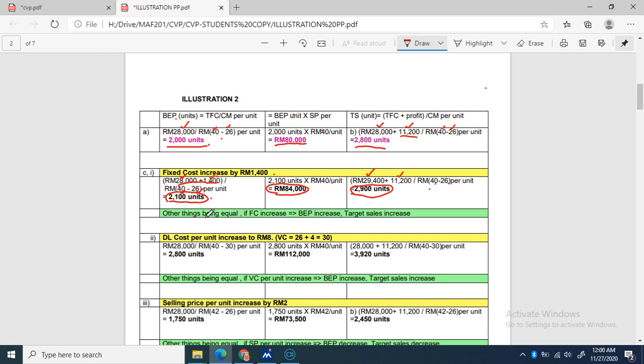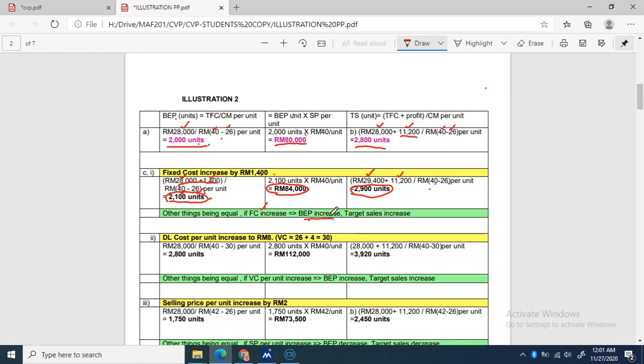Other things being equal, that means variable cost and selling price are equal, if the fixed cost increases by 1,400, BEP also increases from 2,000 to 2,100, from 80,000 to 84,000.